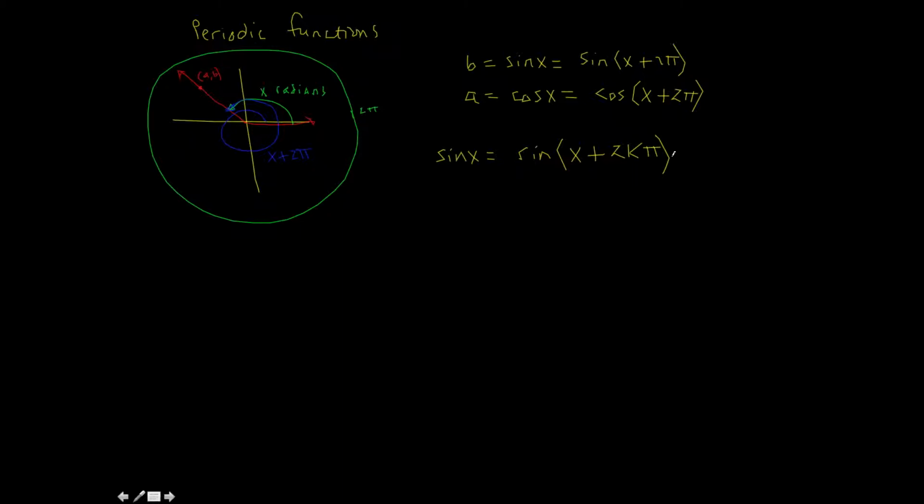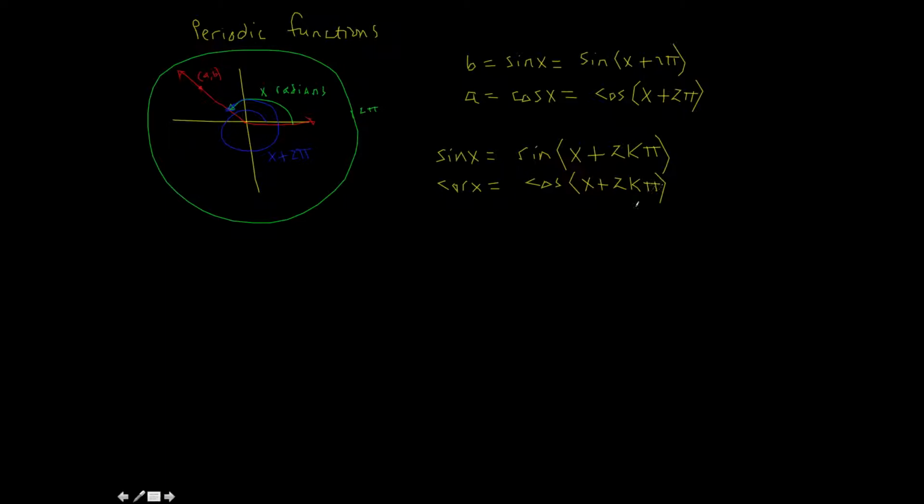For instance, 2 pi, 4 pi, 6 pi, 8 pi, 100 pi. These are all multiples of 2 pi. We can say the same thing for cosine. All of these would have the exact same answer, because the function is periodic.